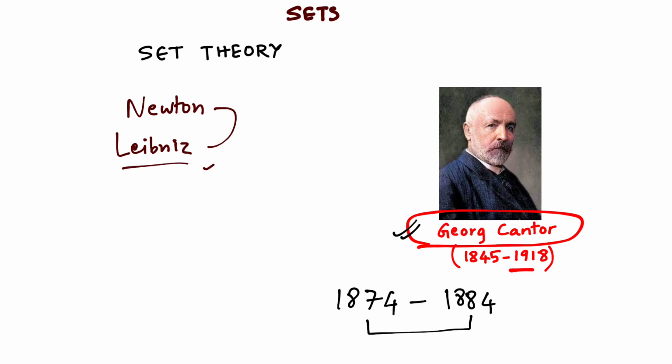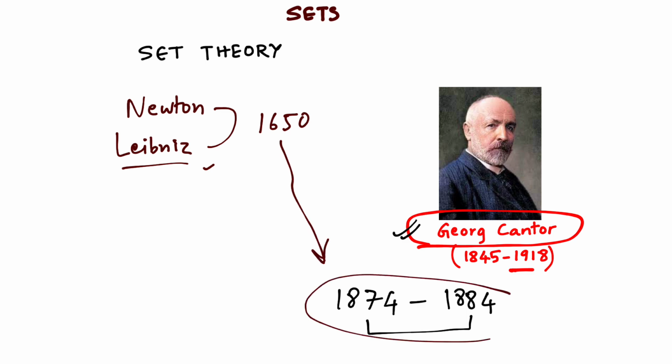So they developed calculus around the year 1650. And more than 200 years passed, and then this theory was developed, which is called set theory, which is so important in understanding functions and calculus. So set theory made things so easy for us.